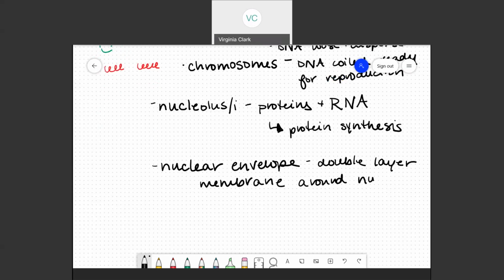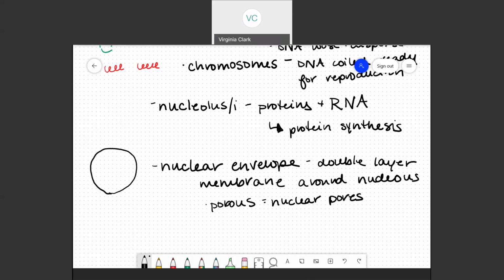So if we were to draw this out, essentially your nuclear envelope looks like this, but not just like that, because it is going to be porous. And by porous, we mean it will have nuclear pores. If you think about the pores in your skin, they're essentially spots on your skin, but they're also holes within your skin.